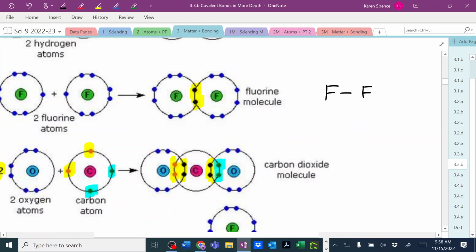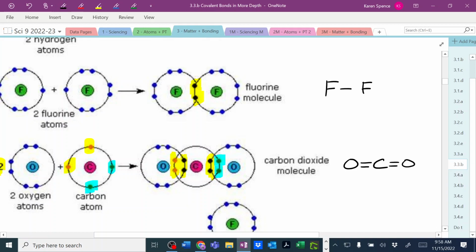Now if I have carbon dioxide, C is in the middle, O is on the one side, O is on the other side. 2 lines on each side, 2 shared pairs of electrons.